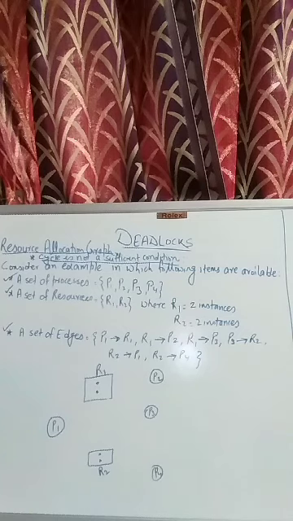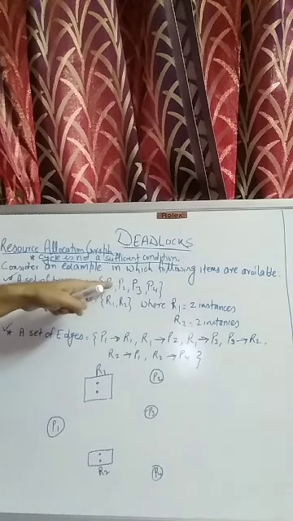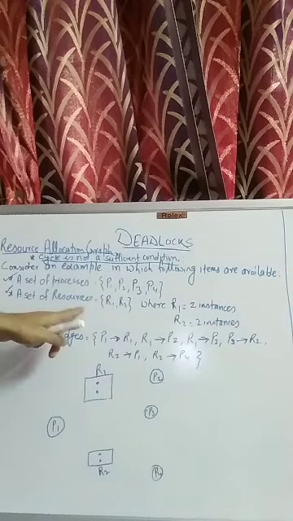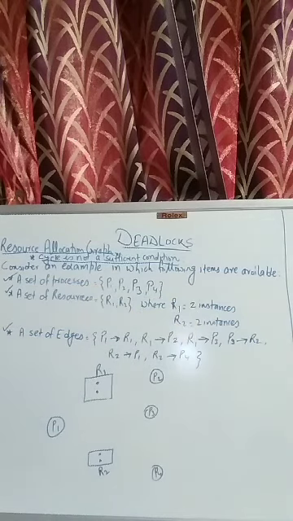In this case, a cycle in the graph is necessary but not a sufficient condition for the existence of deadlock. So in this example, I am considering a set of processes P1, P2, P3 and P4, whereas a set of resources R1 and R2, with R1 having 2 instances and R2 having 2 instances.